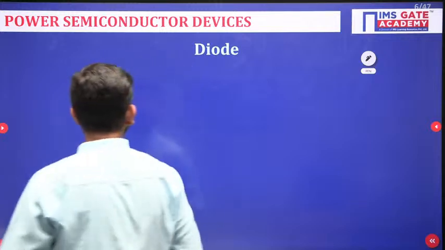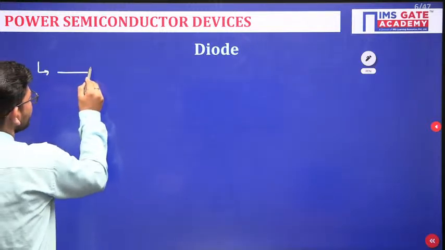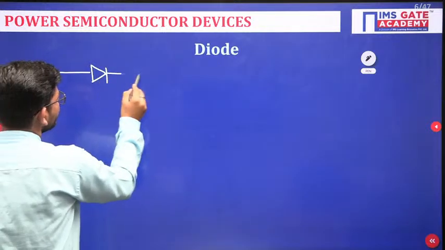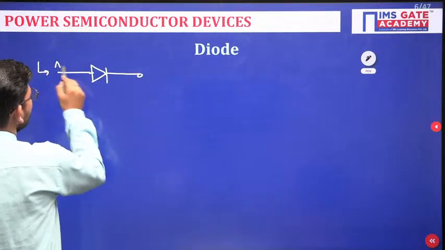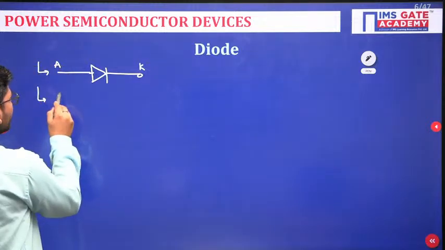So, diode. When it comes to diode, this is the circuit symbol of diode. Two terminals, anode and cathode, no control terminal. So this is a passive switch.